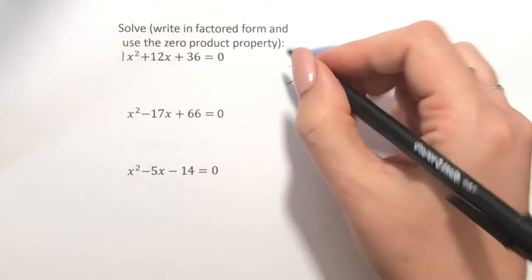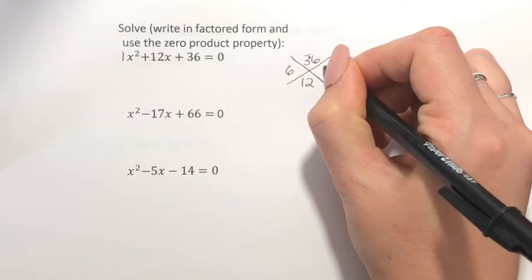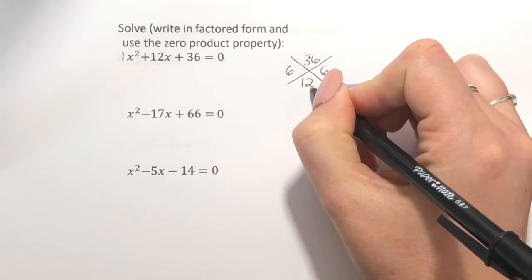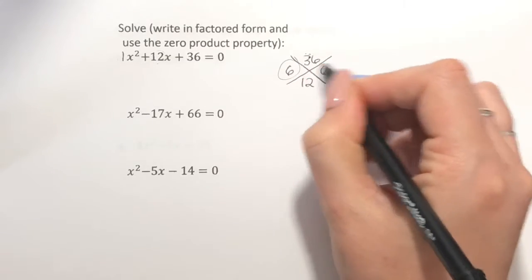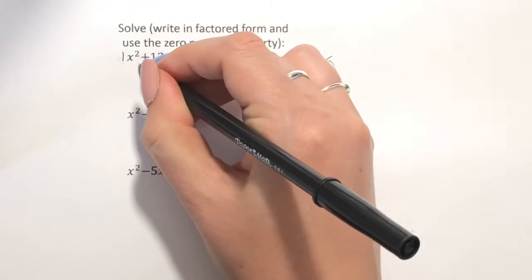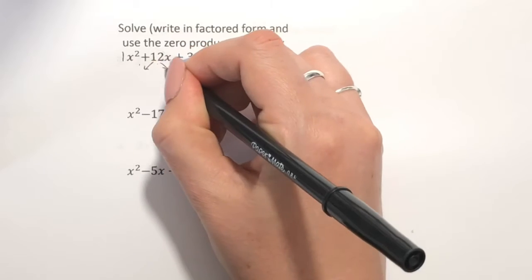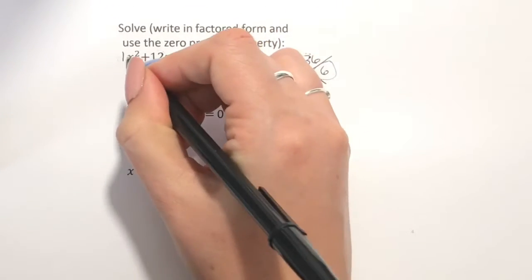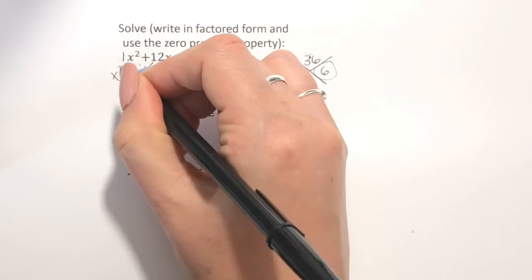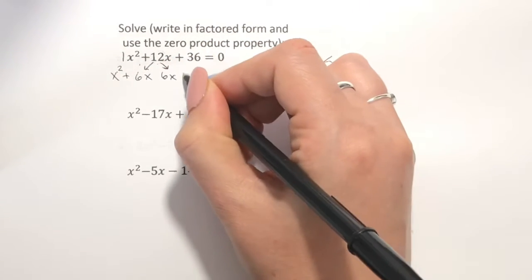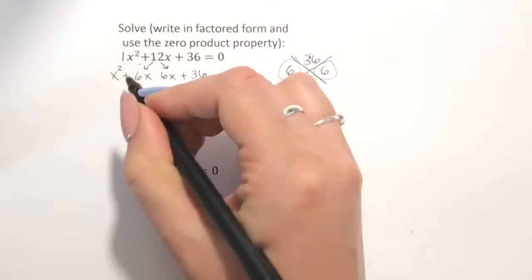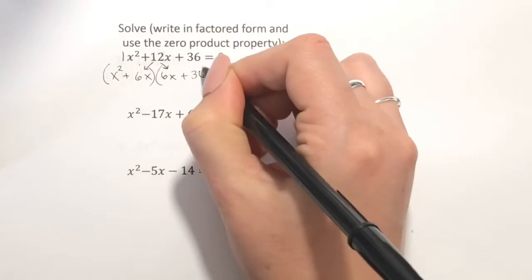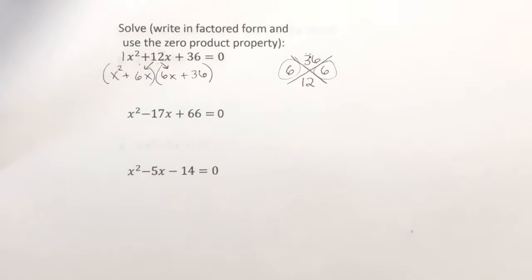So for 36, 6 times 6 is 36, but 6 plus 6 is 12. So then we take both of these numbers and we split up our middle term into a 6x and a 6x, and then keep the 1x squared in the front, and then keep the plus 36 in the back. And then once you have your 4 terms, you can group them into 2 groups, and then we take out the greatest common factor.